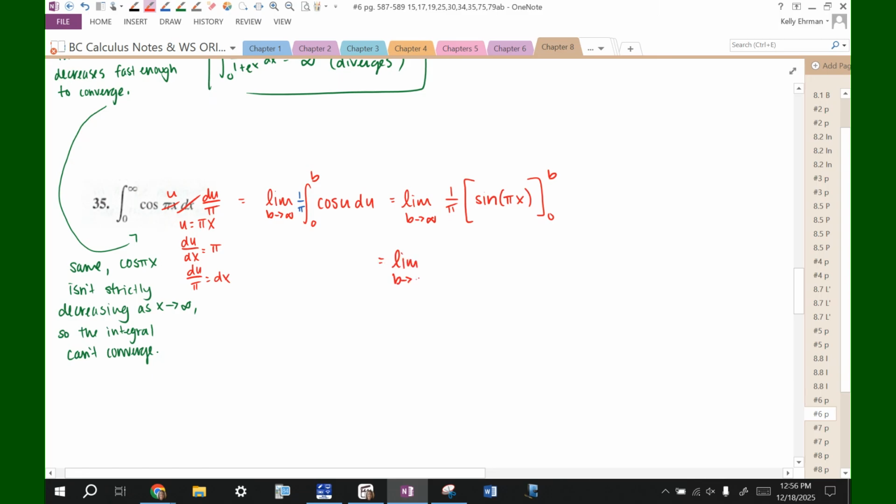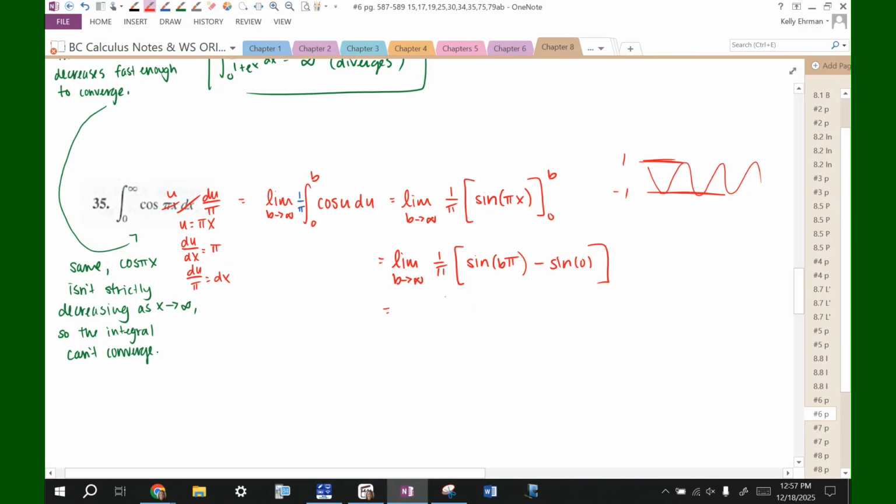The limit as b approaches infinity of 1 over pi. The 1 over pi can be brought out in front of the limit as well. I don't think that matters. This is the sine of b pi, or pi b, whatever, minus the sine of 0. The sine of infinity, again, will keep cycling through between values, right? It's going to stay stuck between positive 1 and negative 1.